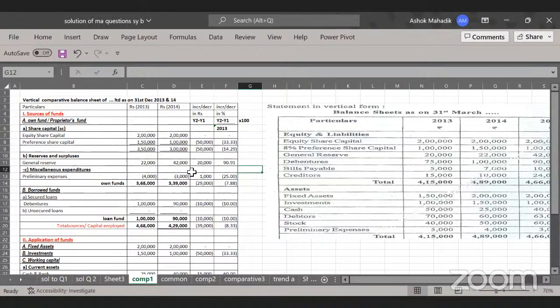General reserve, I'll repeat: the figure in year 2 is 42,000 minus year 1 figure 22,000. Minus it on the calculator, you get 20,000 as your answer. And how to get the percentage of general reserve? Third column figure, that's 20,000 upon first year column 22,000 into 100. You get 90.91%.